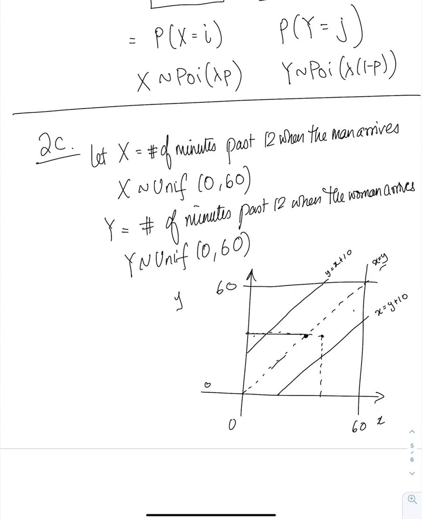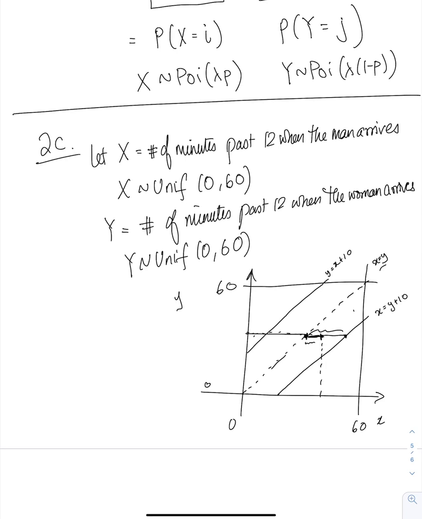And then what does the woman have to do? She has to wait and wait and wait that many minutes until the man arrives. But what do you know? These many minutes, that's less than 10 because that whole distance is 10. If the woman had to wait exactly 10 minutes, that would be the coordinate of the arrival time of man and woman.